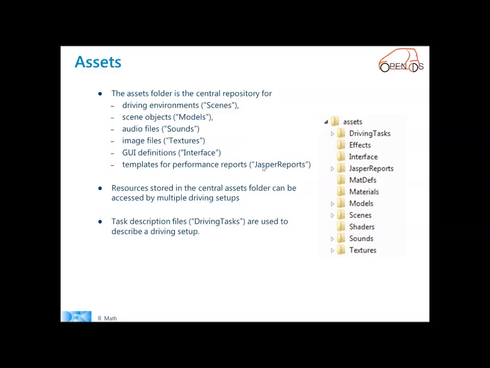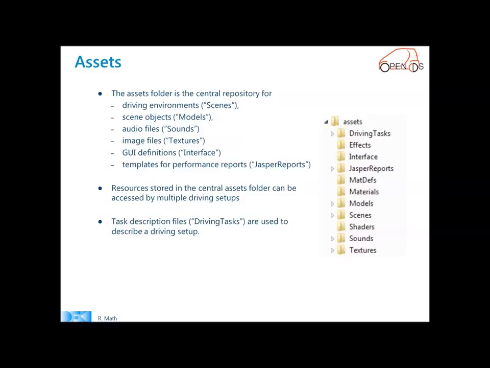And then there's another one called Jasper reports. This is where we can store definitions of how the output of some driving tasks will look like. For example, from the experiments in the JDOME, you got this bar chart of your reaction times at the end, and these templates will be stored in the Jasper reports.